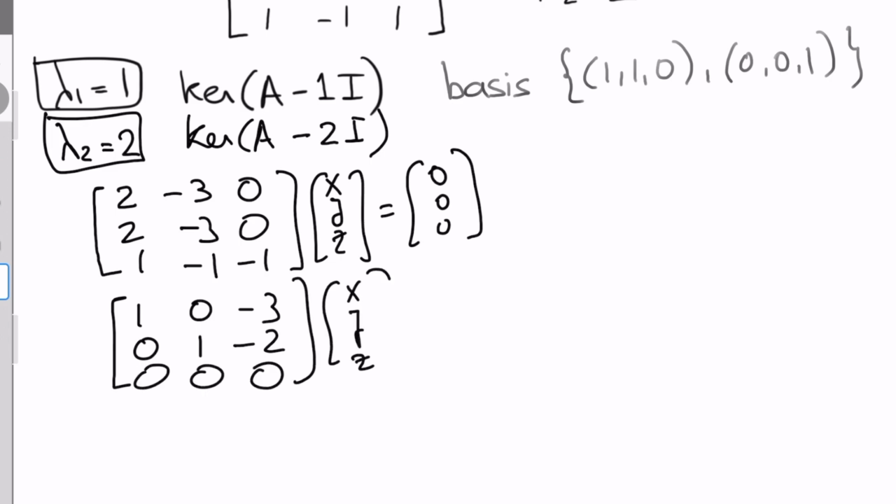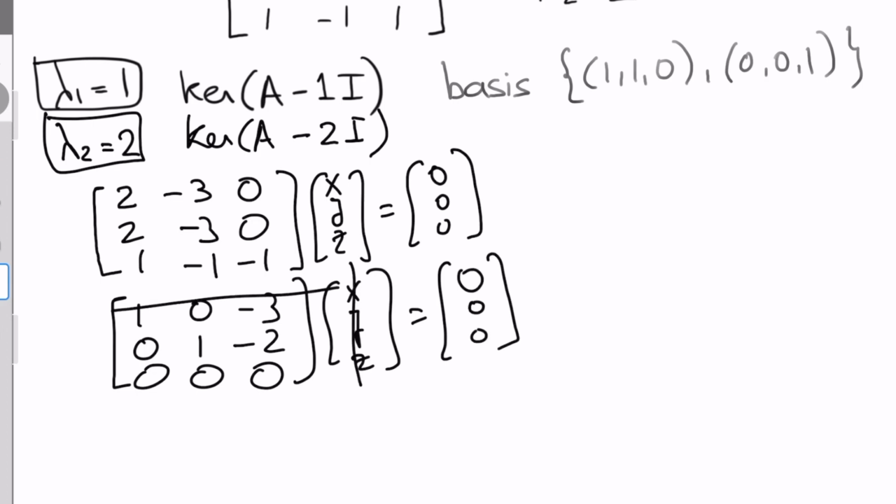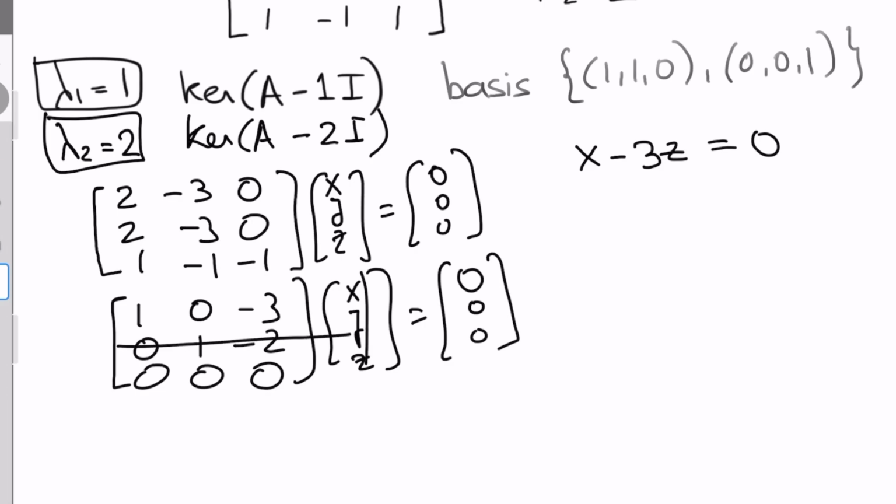And so after we have the reduced matrix equals to this, we have that from the first equation here, we get that x minus 3z equals 0. From the second one, we get that y minus 2z equals 0. And for the third one, we get nothing.